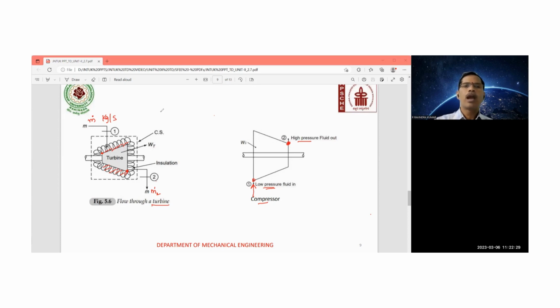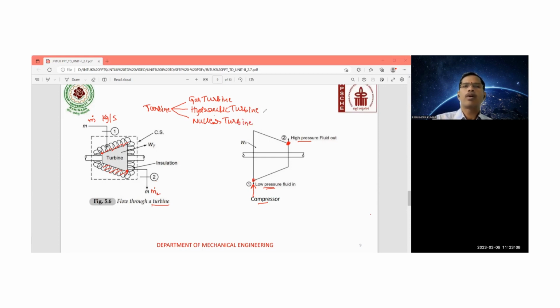When I talk about turbines, there are different types. The turbine may be a gas turbine, a hydraulic turbine, a nuclear turbine, that is in nuclear power plants, or a steam turbine.